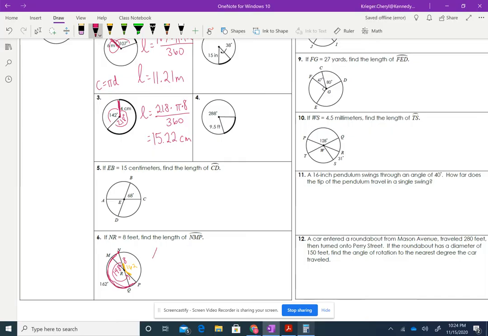Okay. 198 times circumference. Our radius is 8, so diameter is 16, divided by 360.